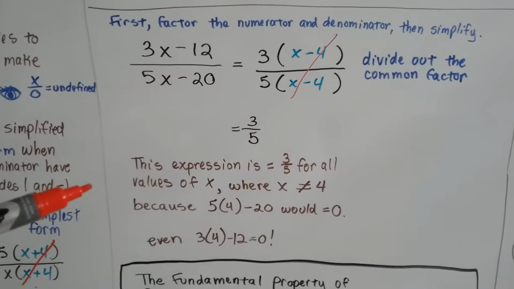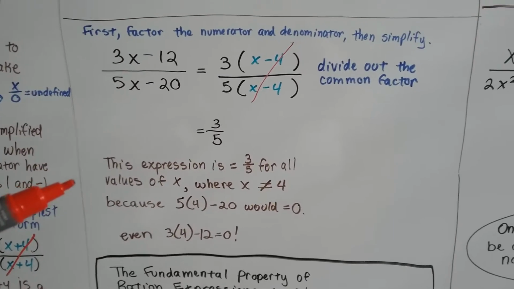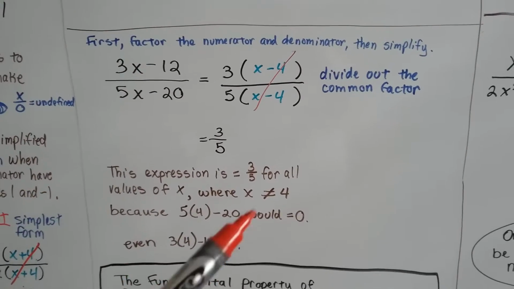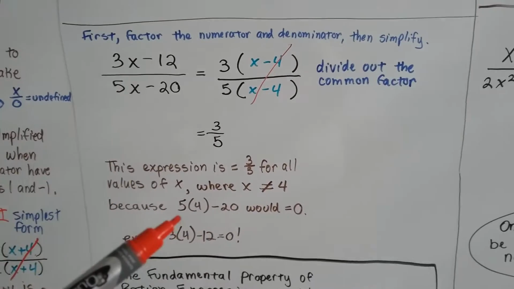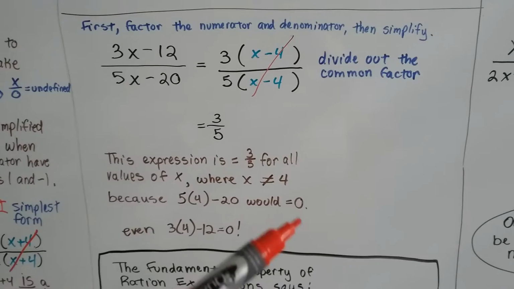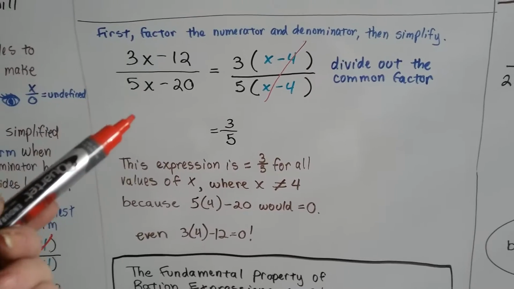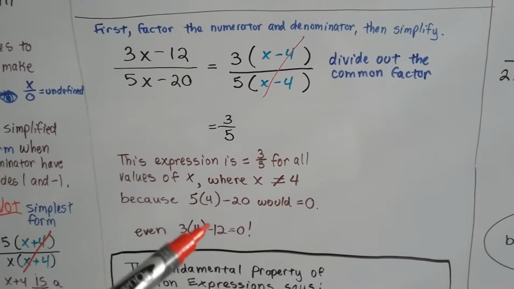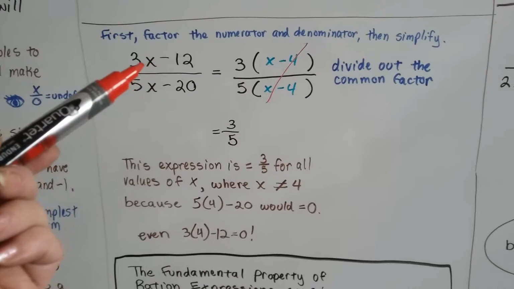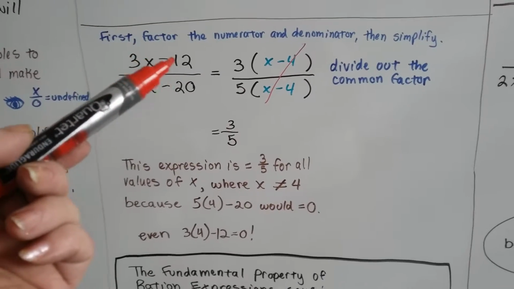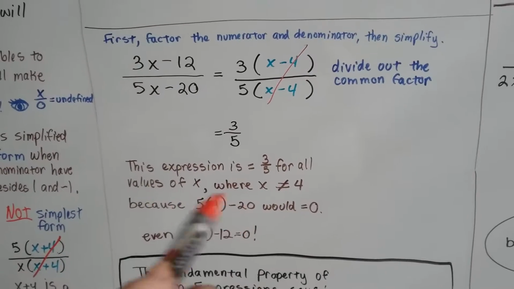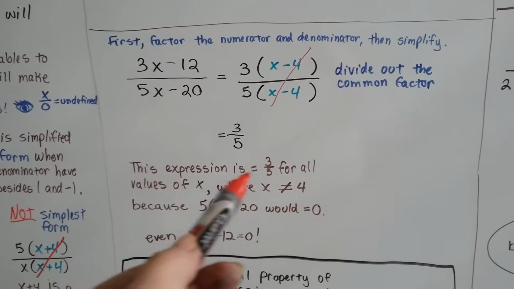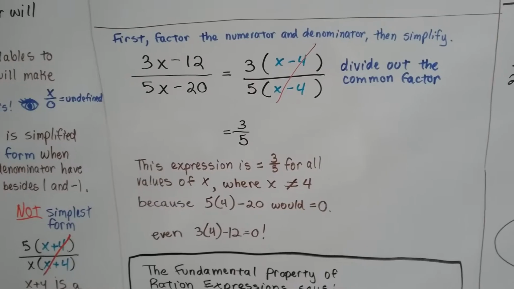And this expression is 3/5 for all the values of x, as long as x doesn't equal 4. Because if x did equal 4 when we plugged it in, it would make it equal 0. See? 5 times 4 is 20 minus 20. That would give us a 0, wouldn't it? Even this would be 0. 3 times 4 is 12 minus 12 would be 0. See? So as long as x doesn't equal 4, then this expression is 3/5 for all the values of x.